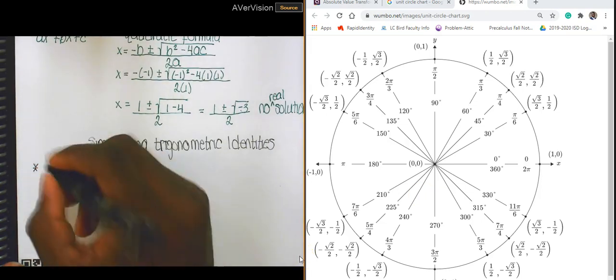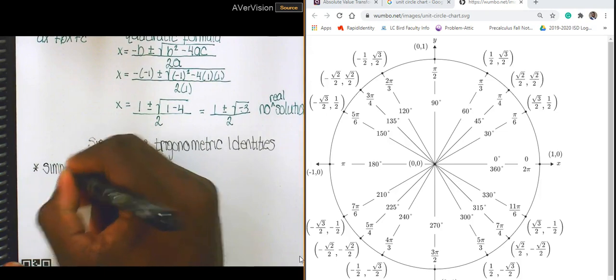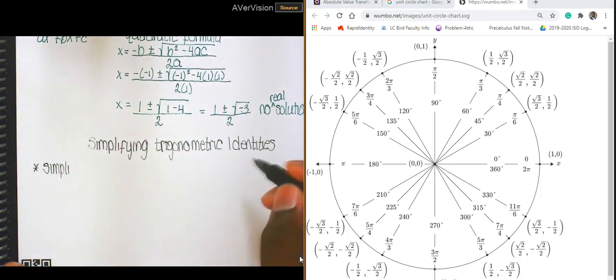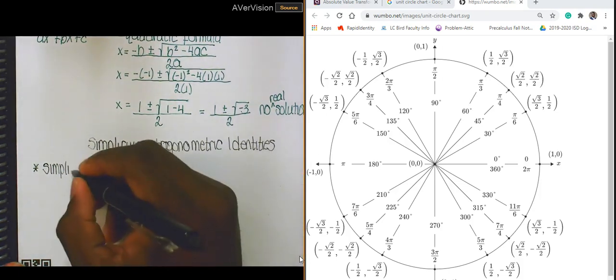When we simplify, we are trying to rewrite whatever function we have in terms of sine and cosine and see if anything can cancel out.